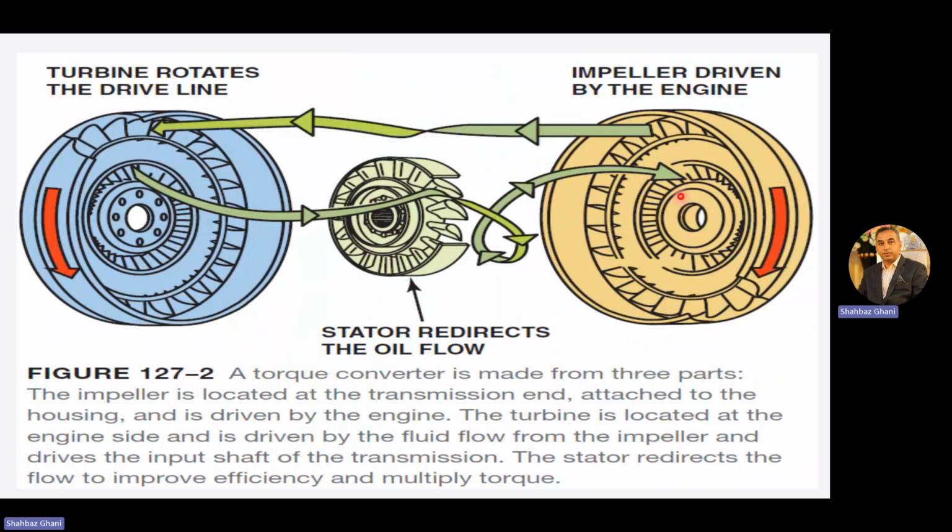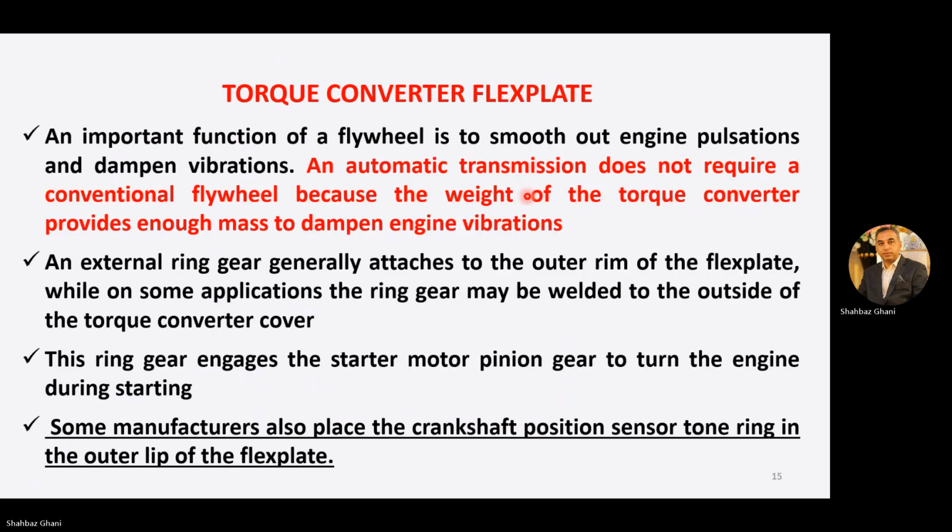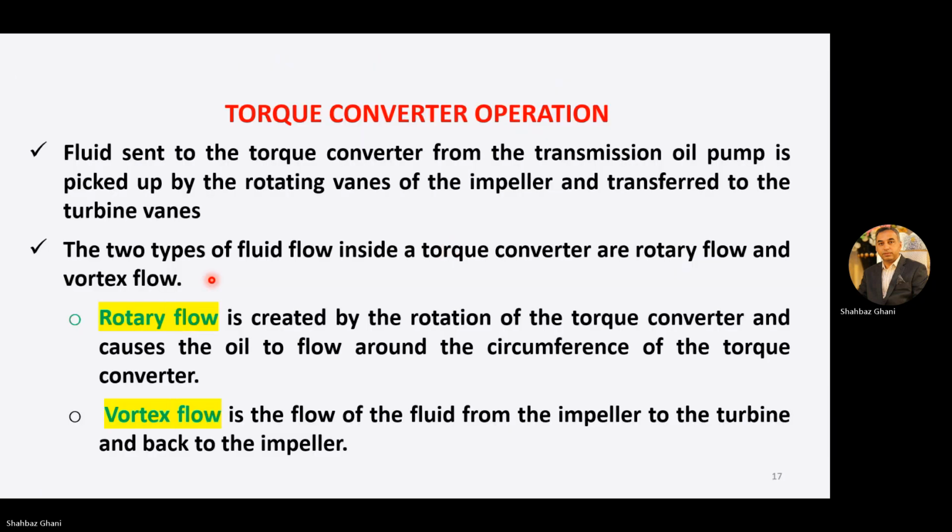Fluid coming from the transmission oil pump comes here, goes to the turbine outer blades, and comes from the center to the stator, changing the direction and multiplying the torque, and coming in the center and going out from the outer.